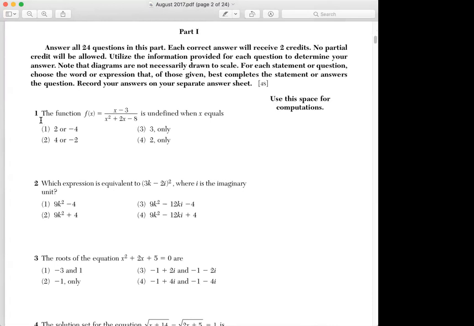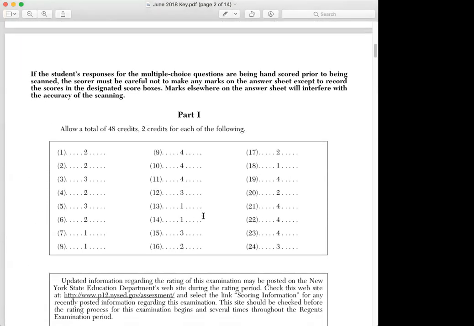Okay. Oh, we just did this. We did August. Let me do June 2018. Okay, the June ones are normally harder. Let's see though.